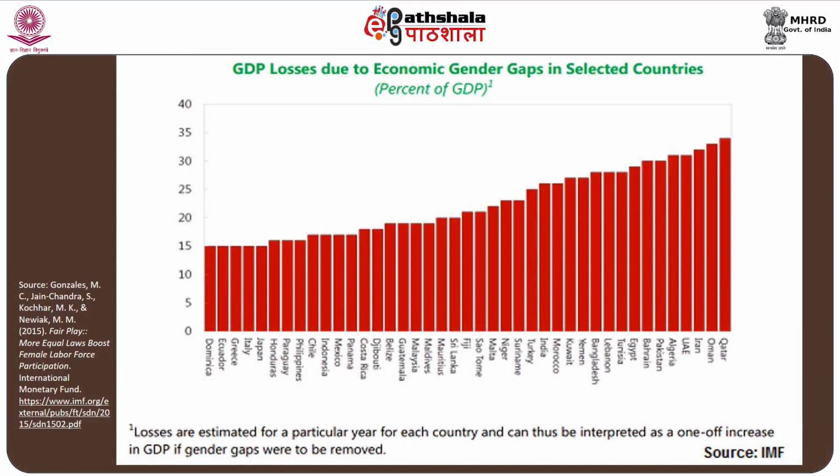GDP losses due to economic gender gaps in selected countries show that many countries are losing a huge amount of GDP, even as high as 30% or more, due to existing gender gaps. For example, economically developed countries like Qatar, Oman, Iran, UAE are losing as high as 30% of their GDP.